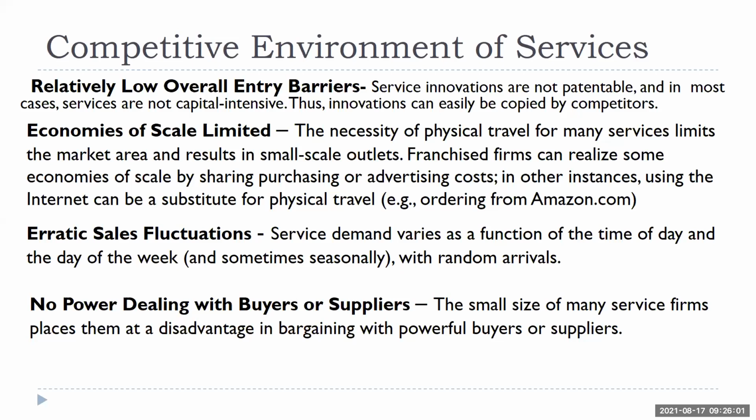Small hotel in your hometown, but think about bigger hotels, 5-star hotels. They will have a lot of bargaining power. That means when they are buying raw material, the food items, the toiletries, any item they require for their hotels, they will have a lot of bargaining power, because there is a big chain of hotels.